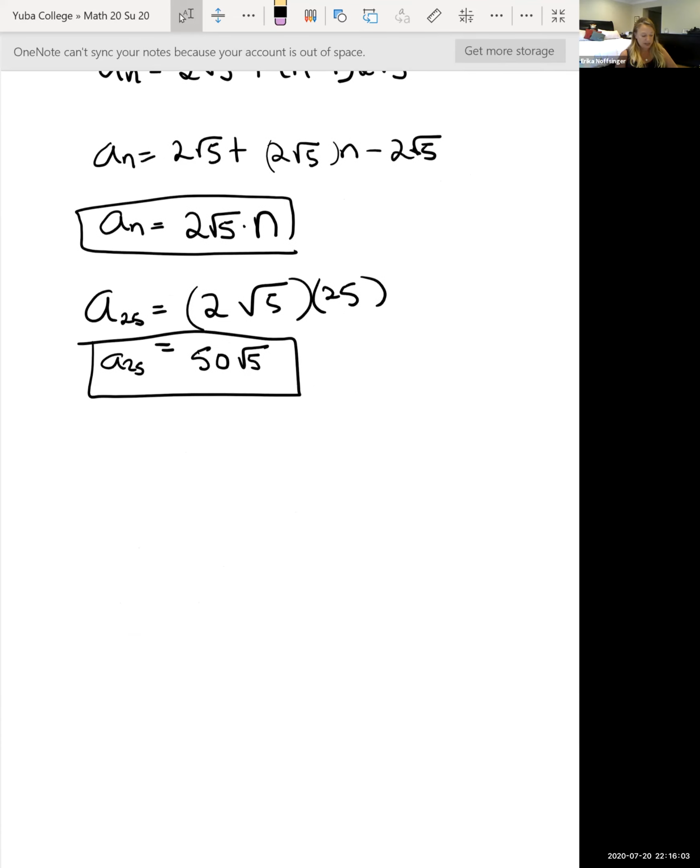Okay, so summations. The theorem for summation of arithmetic sequences.